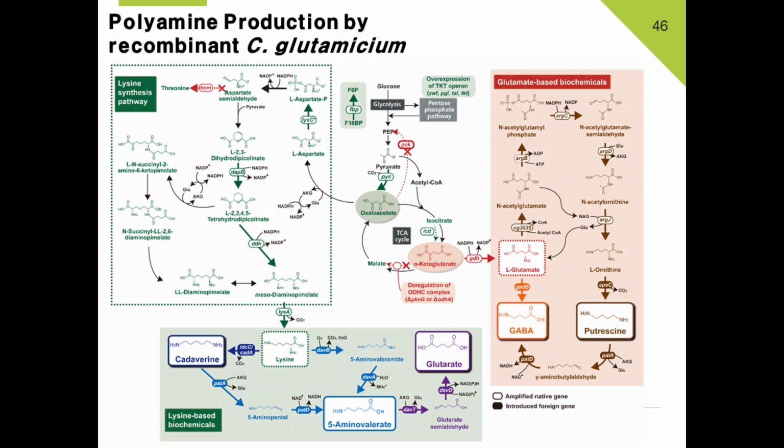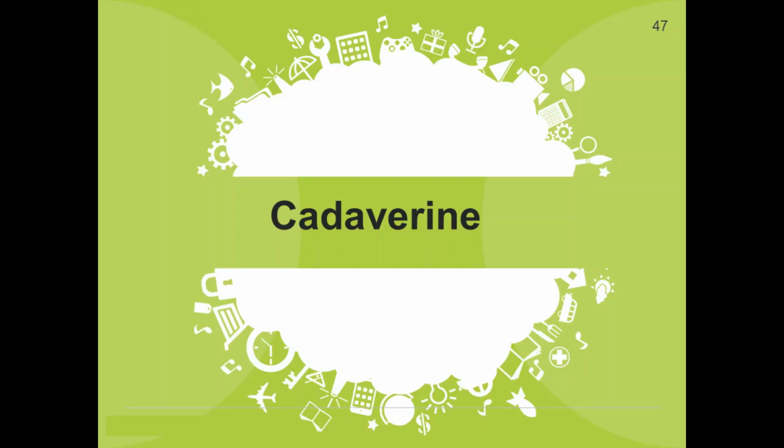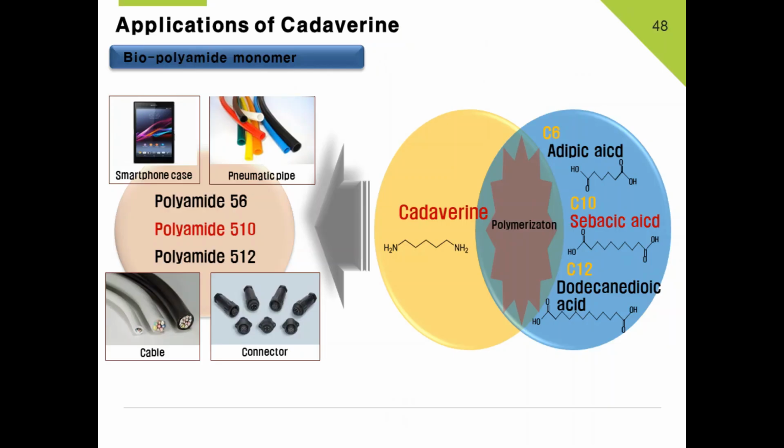Now, because my strain can produce a lot of polyamines, I just decided to focus on cadaverine production using my strain. Cadaverine production involves the polymerization of fermentation-derived cadaverine with adipic acid, sebacic acid, or dodecanedioic acid.